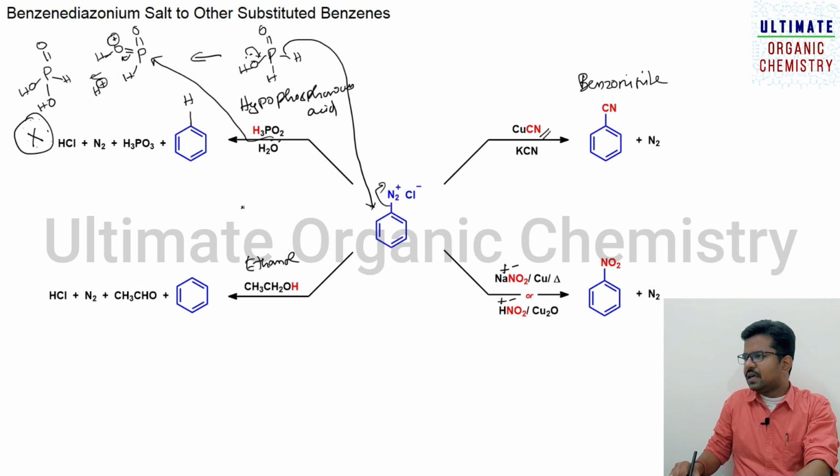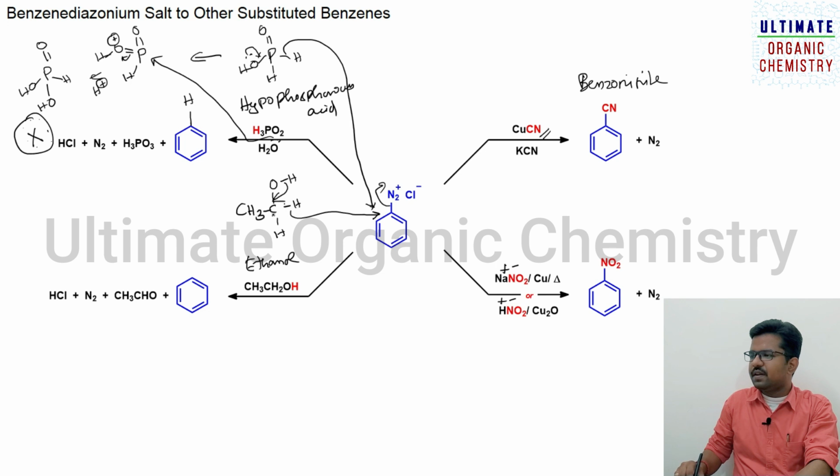Just listen. CH3, you can write like this: CH3, you have oxygen, hydrogen and hydrogen, that is ethanol. During the course of the reaction, this electron comes towards the oxygen atom, and this hydrogen will be leaving as H minus and attacks here, right?